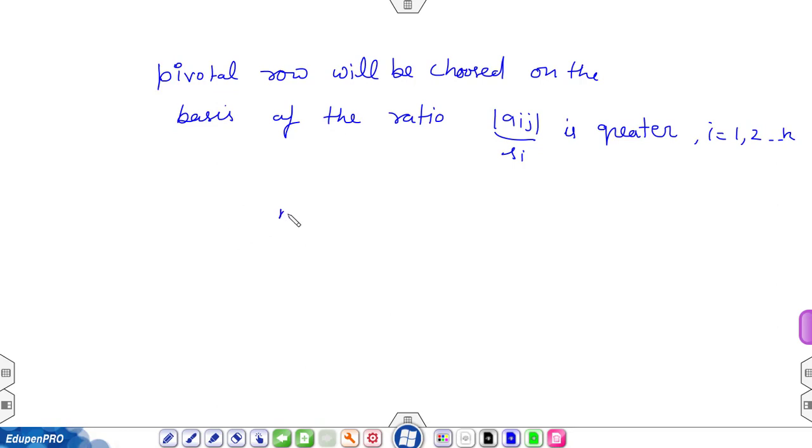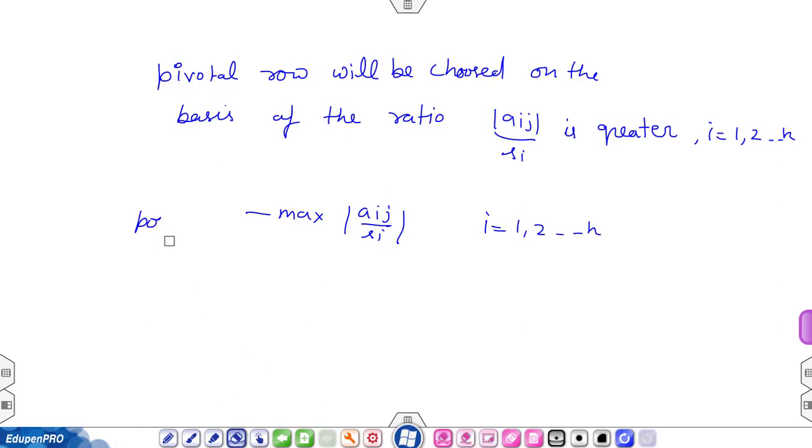So find the maximum of Aij upon Si, where i equals 1 up to n. Whatever the maximum value is, the row associated with it will be the pivotal row.